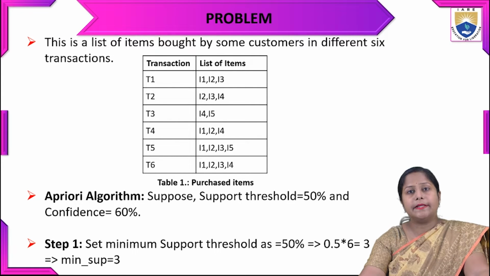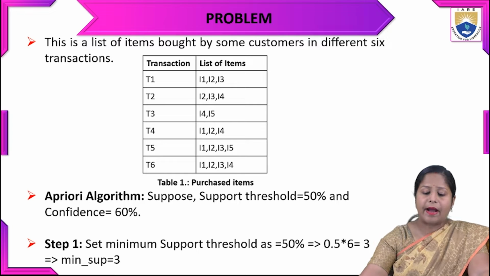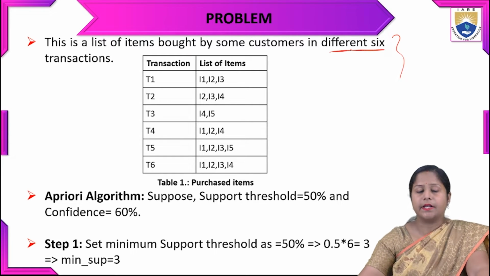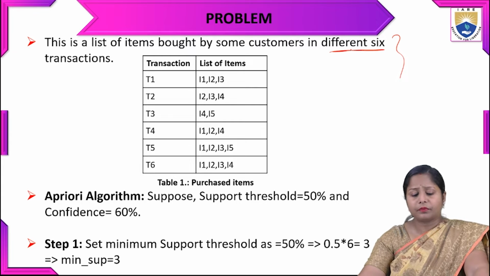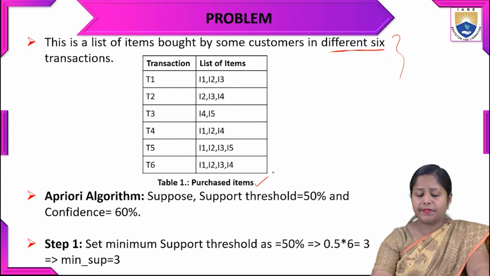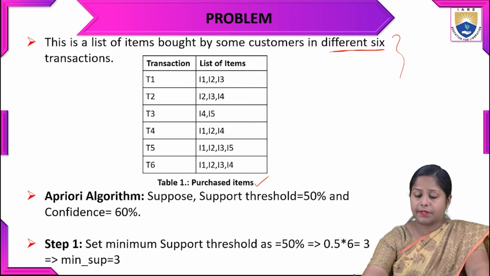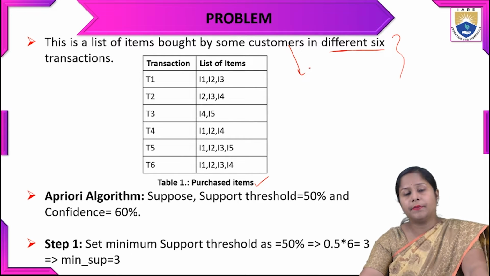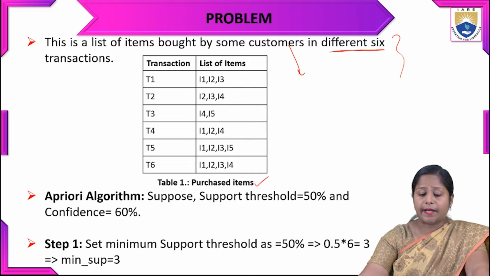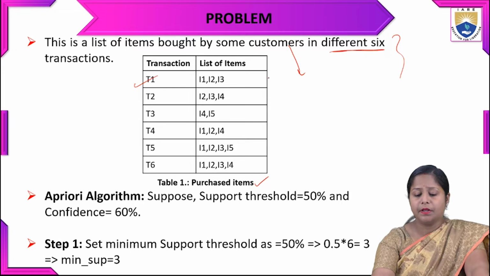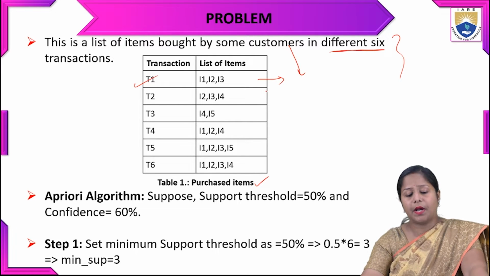Now the problem is there is a list of items bought by some customers in 6 different transactions. In the purchased item table, in the first transaction the items purchased are I1, I2, I3.